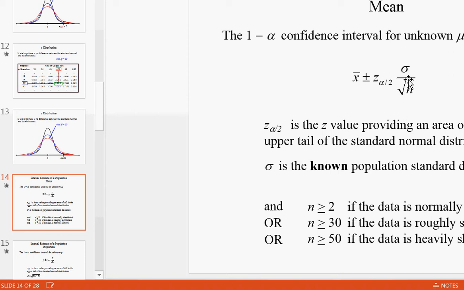What is another name for the standard error? This right here is the standard deviation of x. Another name for this ratio is the standard deviation of x bar. So this ratio has 2 names, like Diddy and Sean Puffy Combs.